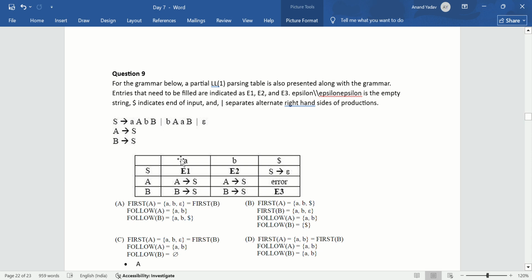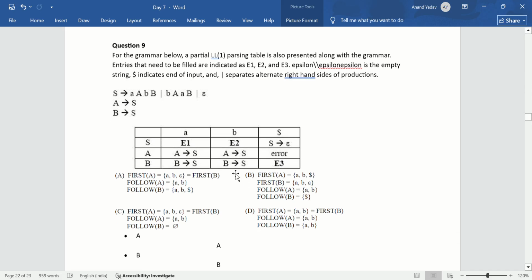So at first, at S production it will give S goes to A capital A, B capital B. This production is placed here because first of S is A and first of B, and first of S also B.